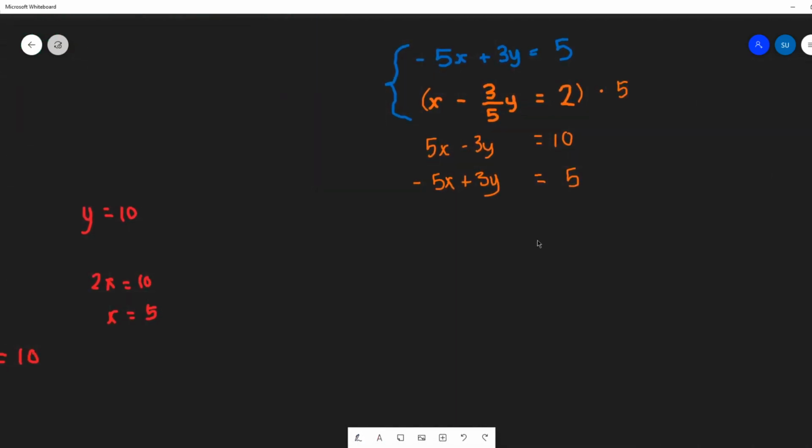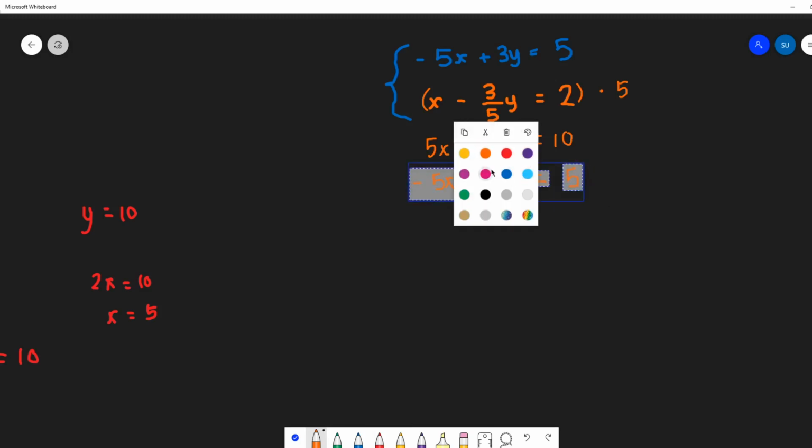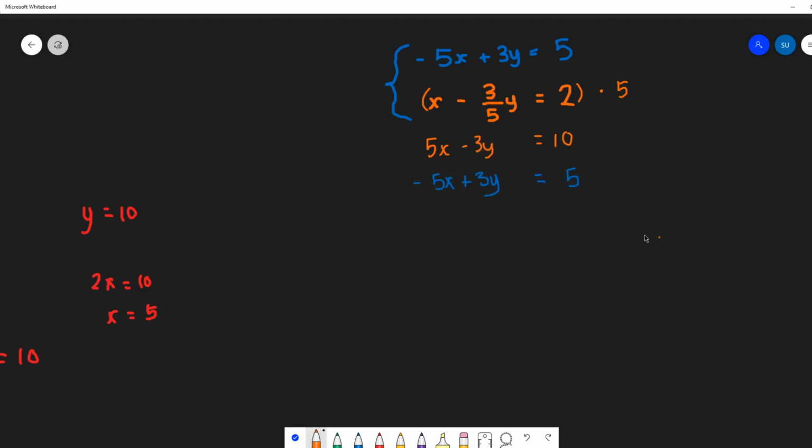Now, I'm going to use elimination to try and solve this. If we were to add both of these equations together, oh wait, I forgot to put this in blue actually. All right, so if we added both of these equations together, it would eliminate this variable. But now I'm seeing that at the same time, it would also eliminate the y variable. So let's see what happens.